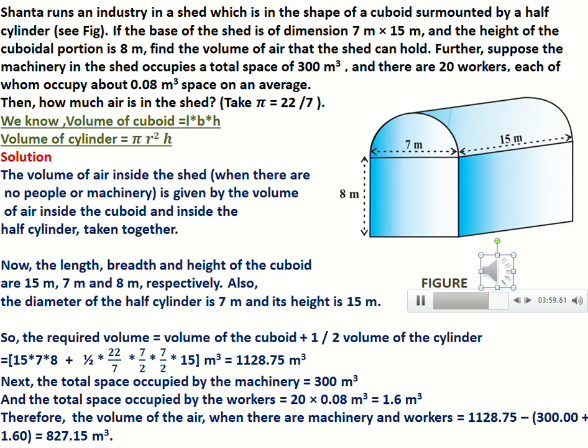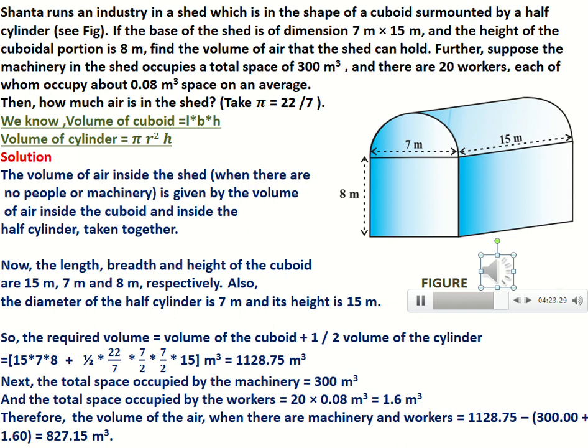Total space occupied by the machinery is 300 m cube. Total space occupied by the workers, 20 workers are there, each of them occupying 0.08 m cube, that is 20 into 0.08, which is equal to 1.6 m cube.